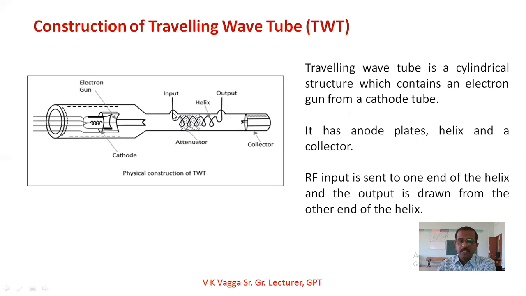The input is used to apply the RF input, and at the output the RF output is taken outside, and at the other end it consists of the collector, which is used to collect the electrons.